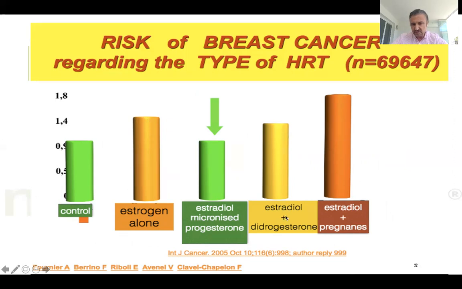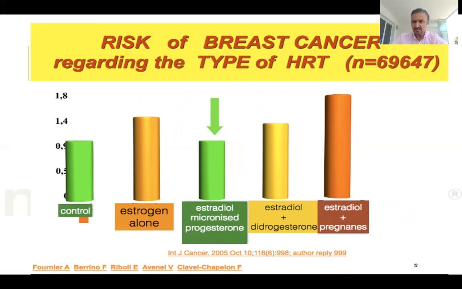When you used estradiol with a synthetic progesterone, there was an increased risk of breast cancer. And this is a different form of progestin, or synthetic progesterone, again with increased risk of breast cancer. But when you look at this middle column, when you combine estradiol with natural micronized progesterone, it is the same as control, no increased risk of breast cancer.